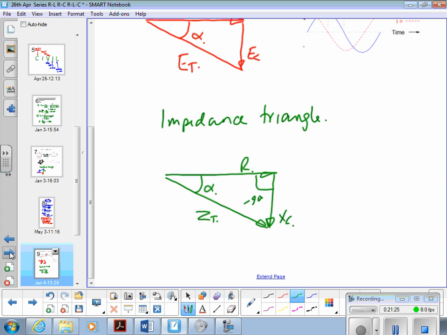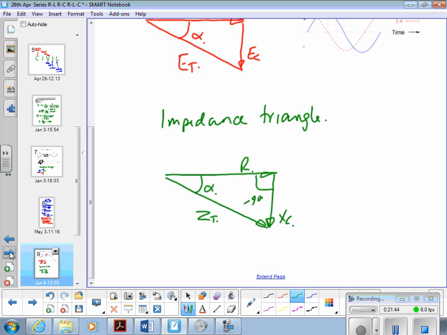And we'd express the angle as being negative, so that's going clockwise around from 0.